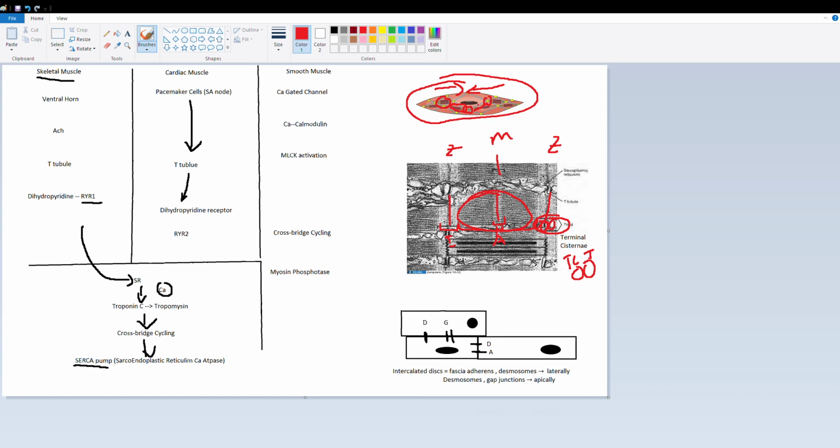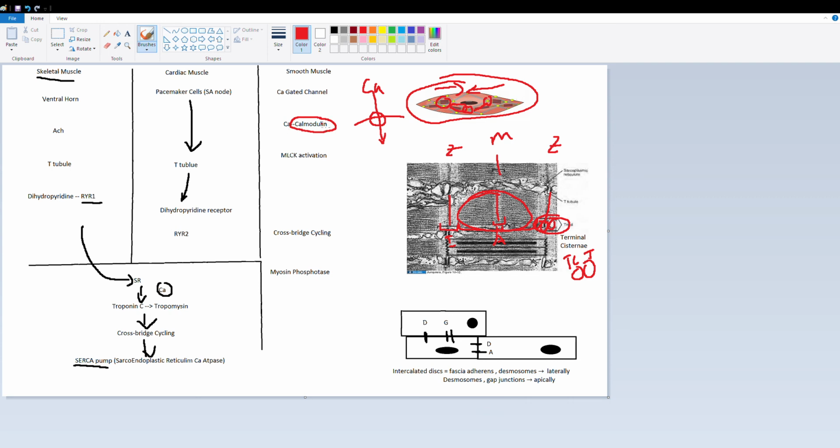So how do you activate a smooth muscle? Well, smooth muscles on their surface have a calcium-gated channel. And this channel can be activated by multiple types of stimulus. So you can have stretch, you can have a ligand gate, you can have a voltage gate. It really depends on where the smooth muscle is and what its properties are. But you will have a calcium-gated channel, and then calcium will enter the cell and will bind a molecule called calmodulin.